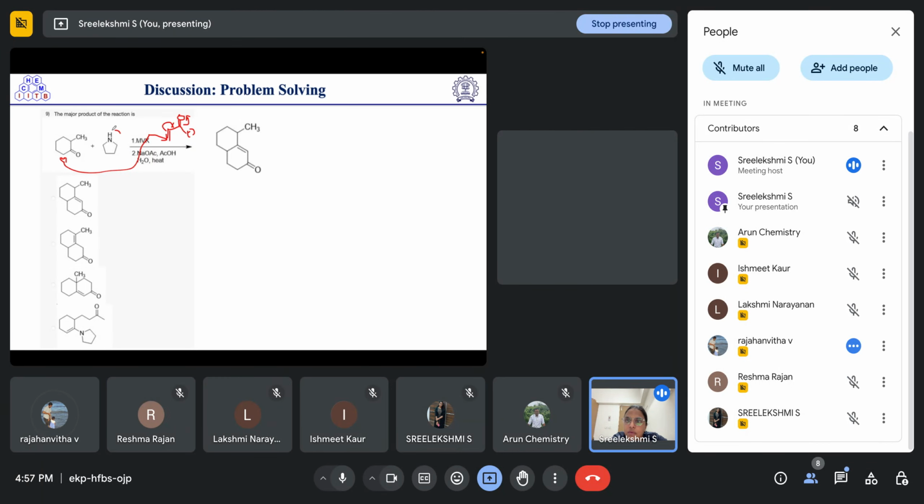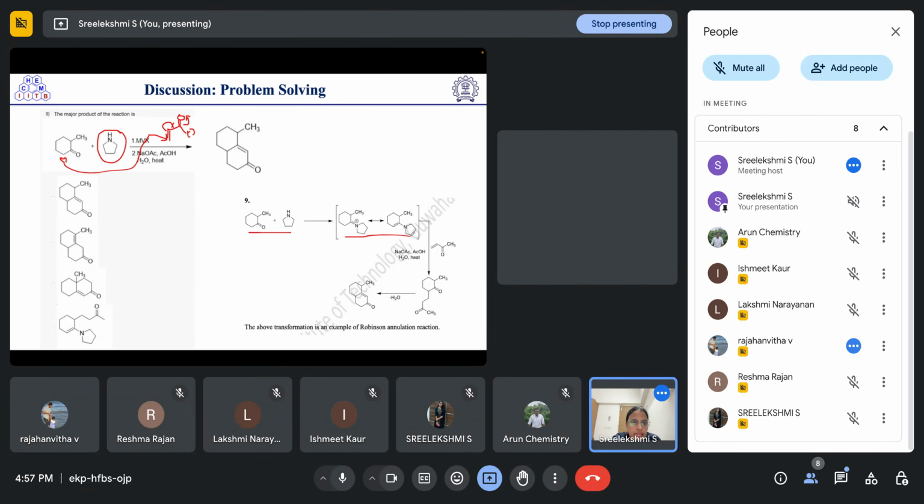Why are we using the secondary amine? Base can also work, but it can form an enamine, right? So I will show that. First this will form the enamine, that is this one, and then this will attack this in 1,4 fashion, and that will form this one.